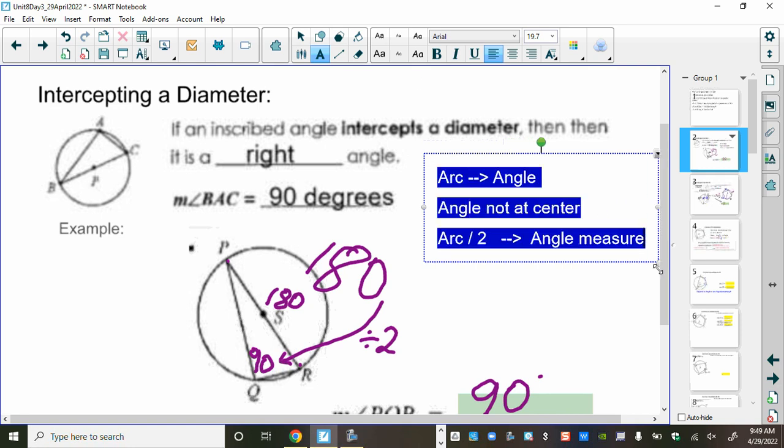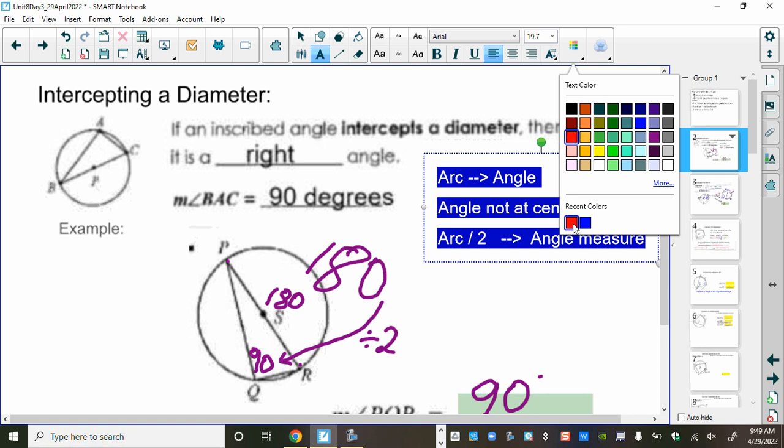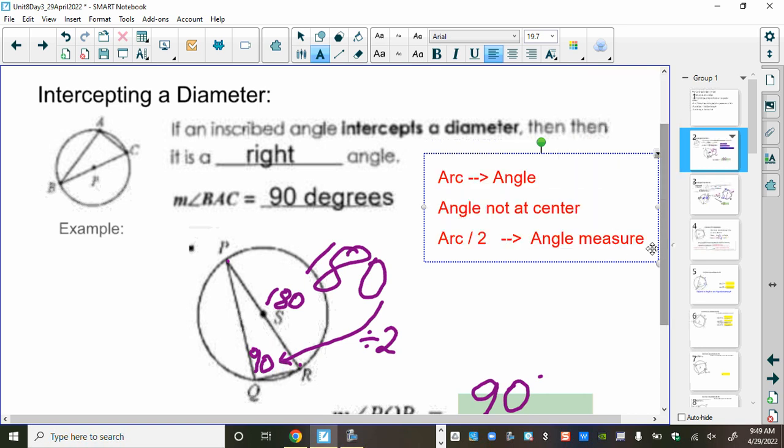So that's basically what's going on here. Since in this case the arc is 180 degrees, we're not learning anything much more new. The arc was 180 because you had a semicircle. Divide by 2. Boom. You have a 90-degree angle measure.